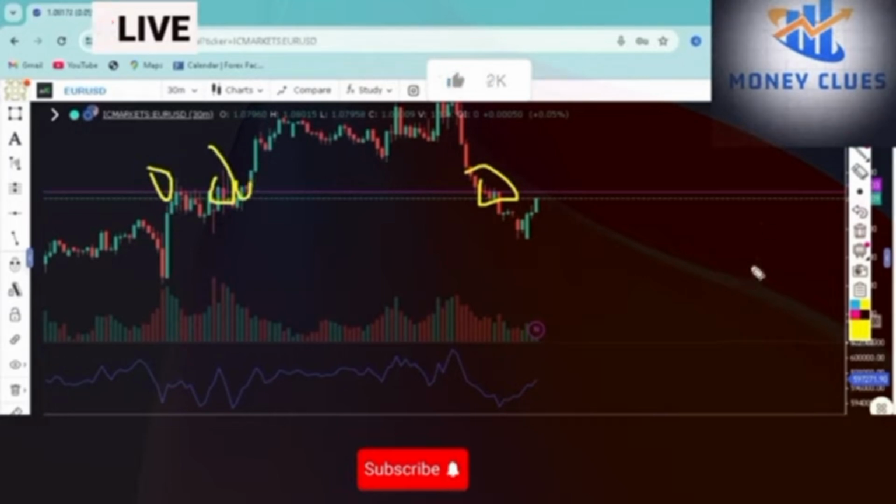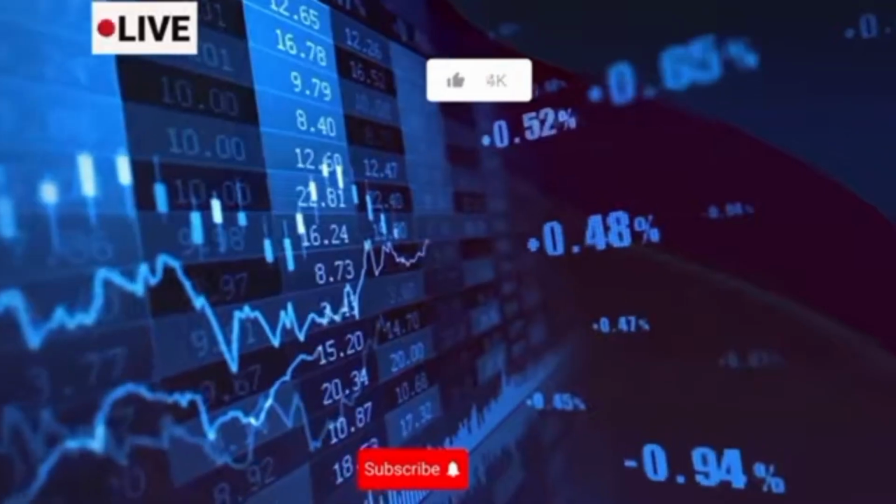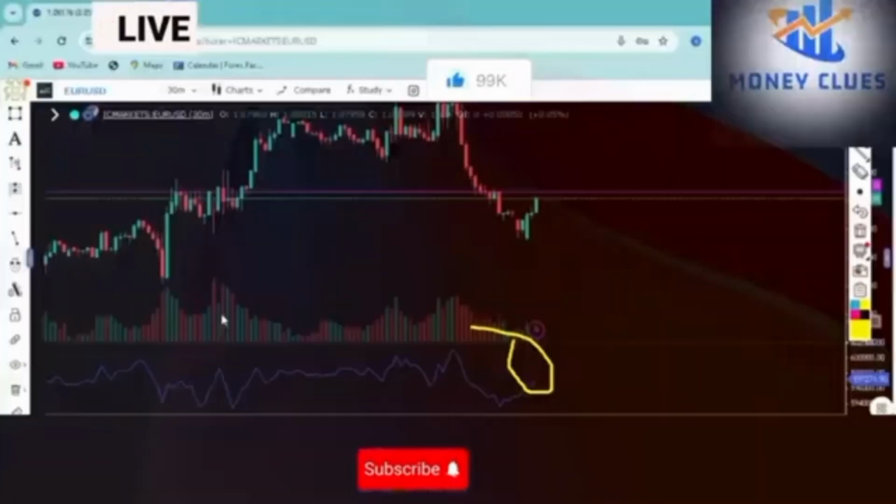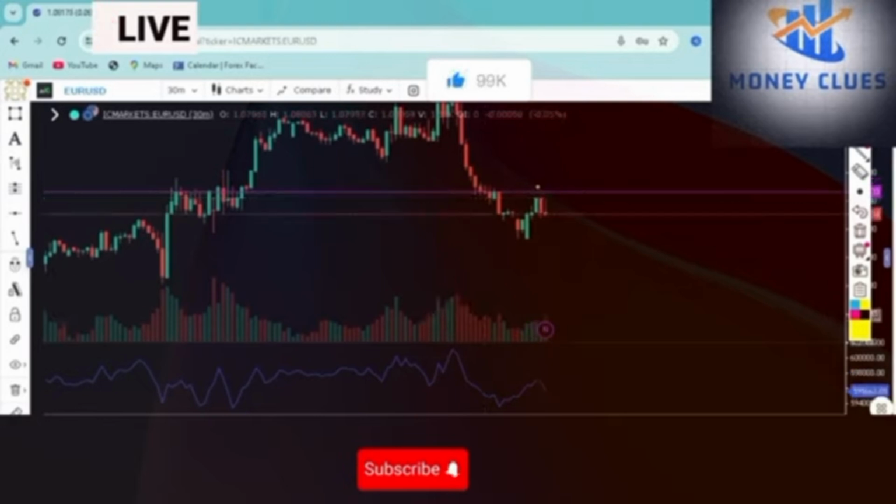Okay, and so guys, once you see the level, you're supposed now to pay attention to the indicator. What is the indicator showing you? What I basically say and what I understand about this indicator, it can show you the right time to execute your trades, or rather help you make a decision whether to buy or sell. And simply because we are on live market guys, we're going to see what is basically happening.